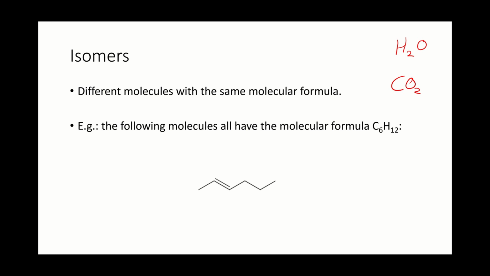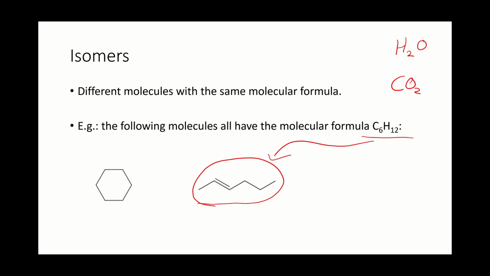So this molecule that I've got down here would be 2-hexene or hex-2-ene, and that has the molecular formula C6H12. But I can't just look at that molecular formula C6H12 and think, right, I know that that is definitely this, because C6H12 could just as easily be a cyclic. Cyclohexane also has the molecular formula C6H12, or I could even have a 3,3-dimethylbut-1-ene molecule.